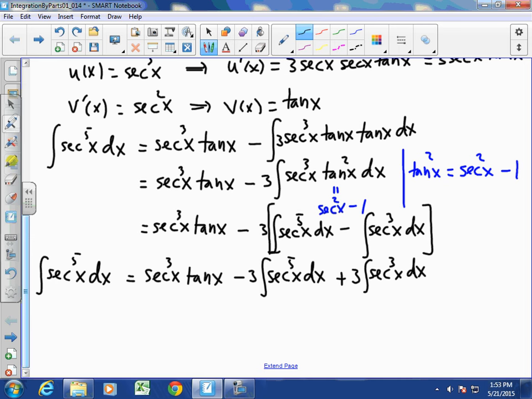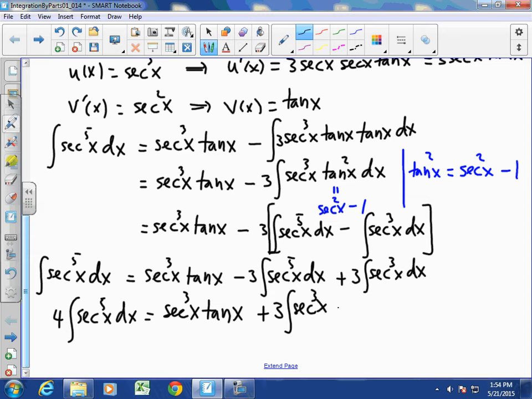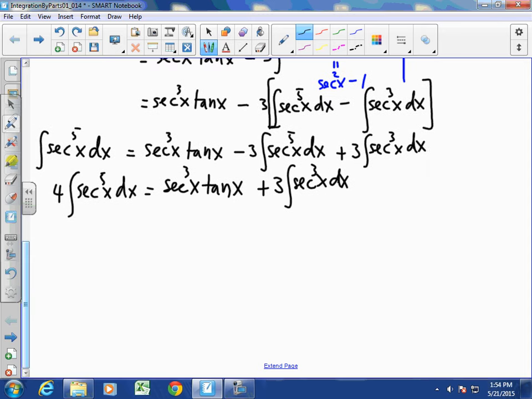So we can add 3 integral of secant to the fifth x dx to both sides and get 4 integral of secant to the fifth x dx equals secant cube x tangent x plus 3 integral of secant cube x dx. So it means that if we can find the integral of secant cube x dx, we are done. And we are going to proceed the same way.